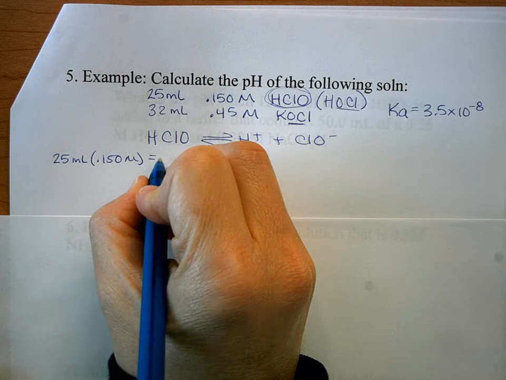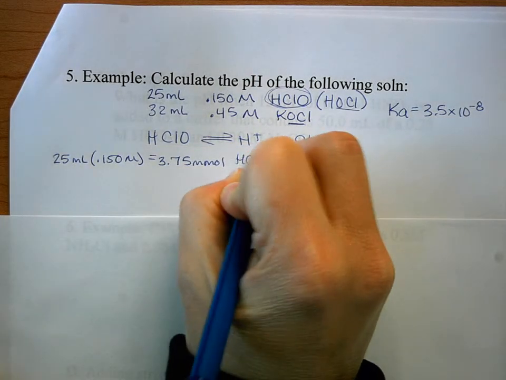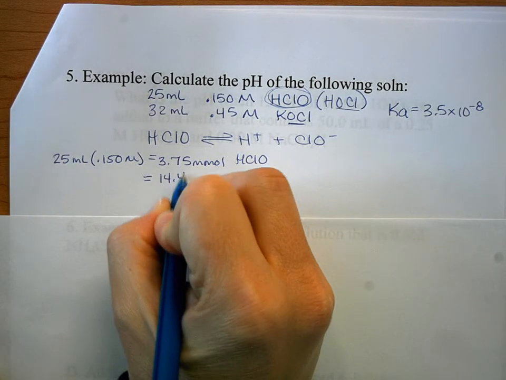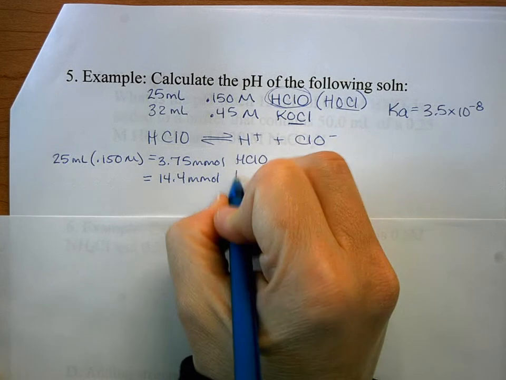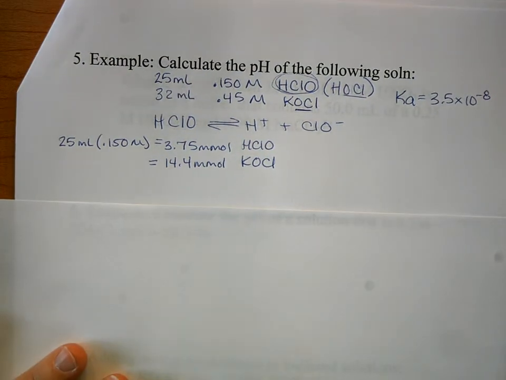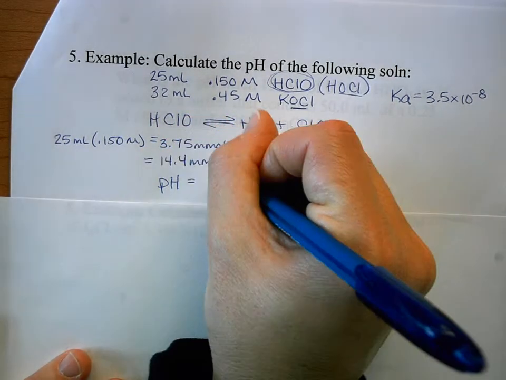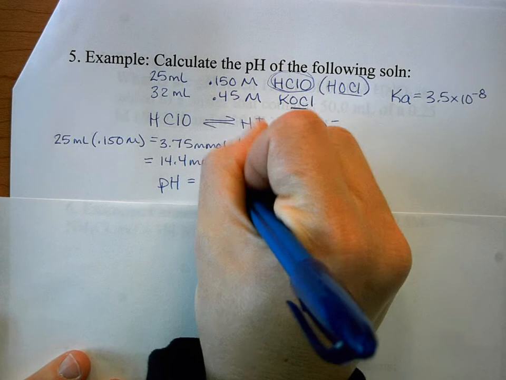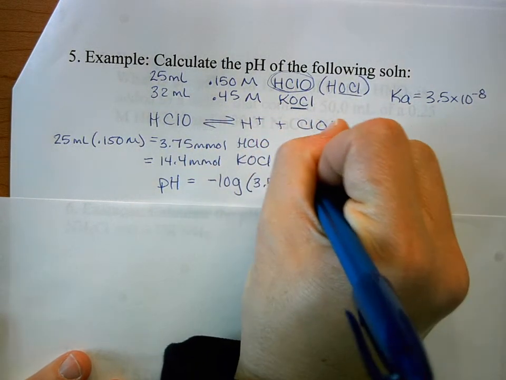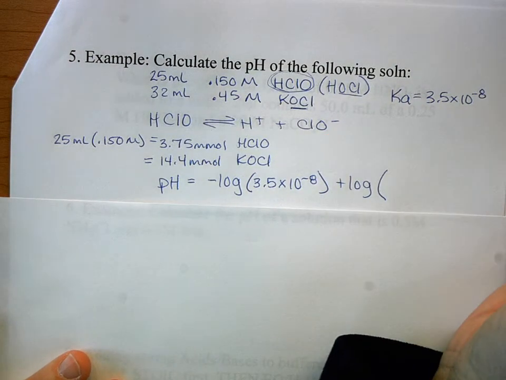You should be getting 3.75 millimoles of HClO, and you should be getting 14.4 millimoles of KOCl. And knowing that I can just use millimoles to plug into Henderson-Hasselbalch, my pH is equal to my pKa, which is the negative log of 3.5 times 10 to the negative 8, plus the log of my base over the acid.